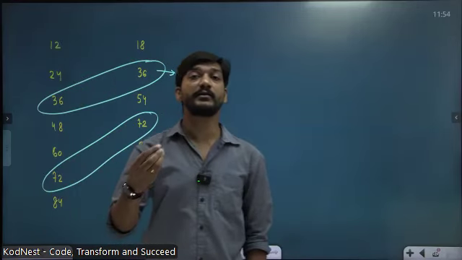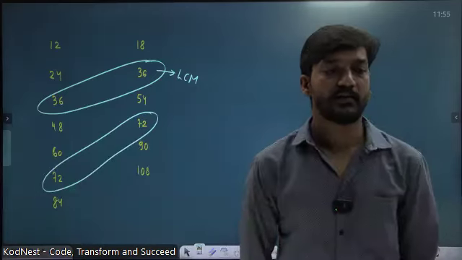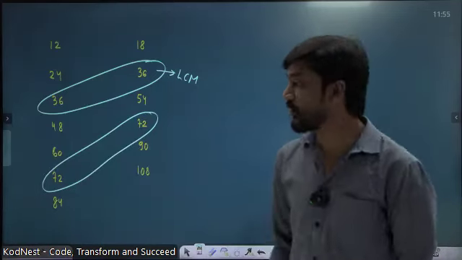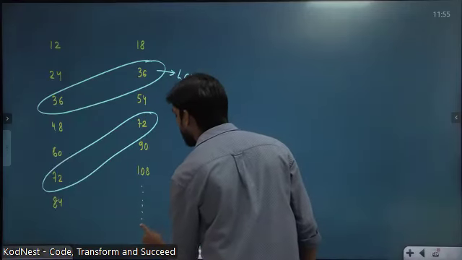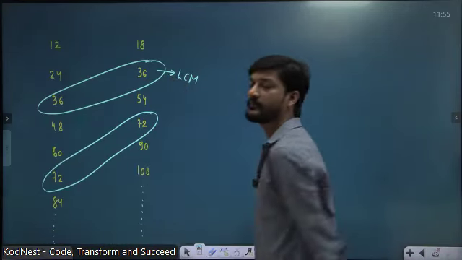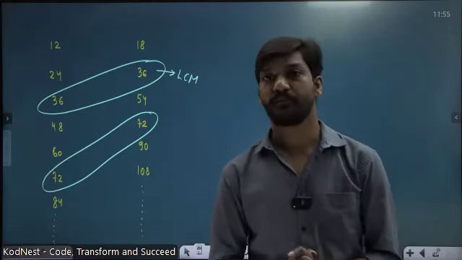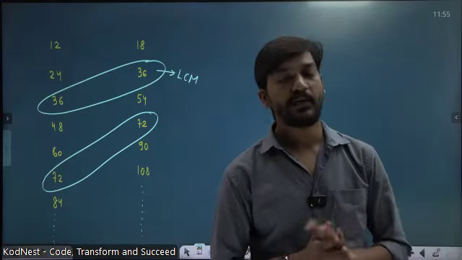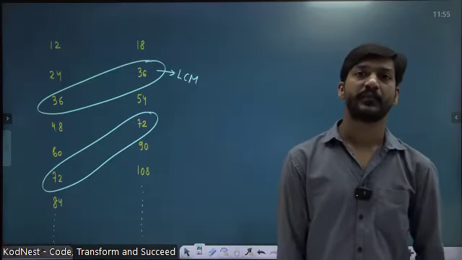What is the highest common multiple? Can you answer? Not with these values, I have not written all the multiples. The multiples will never end. So can you tell what is the greatest common multiple? Infinite, or we can say we cannot say. It's not defined.